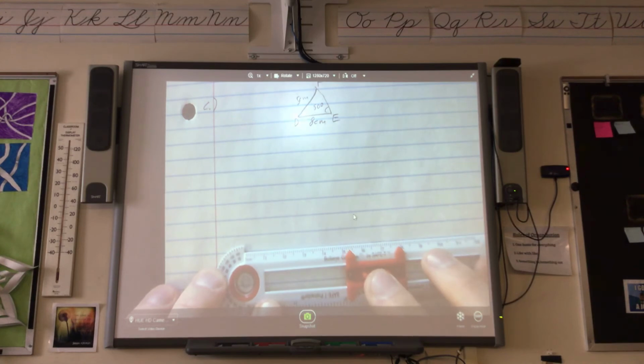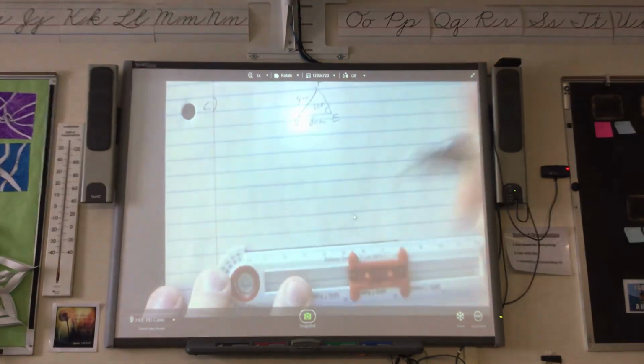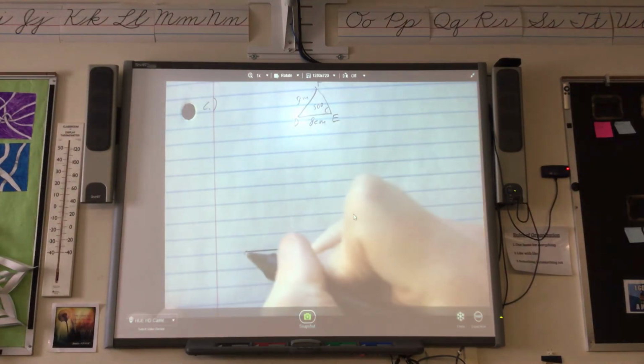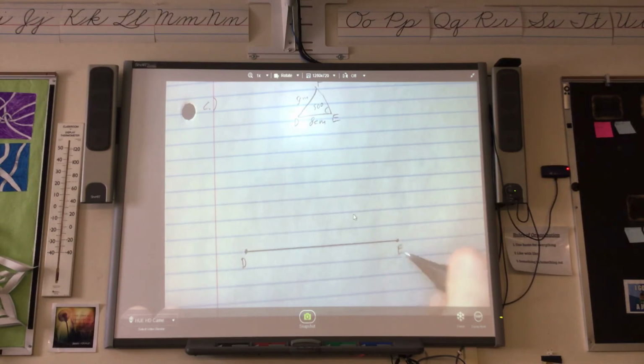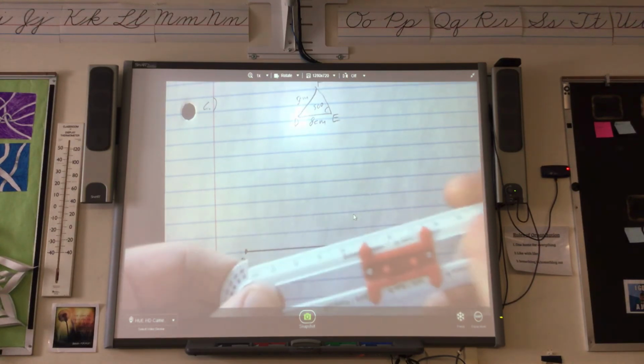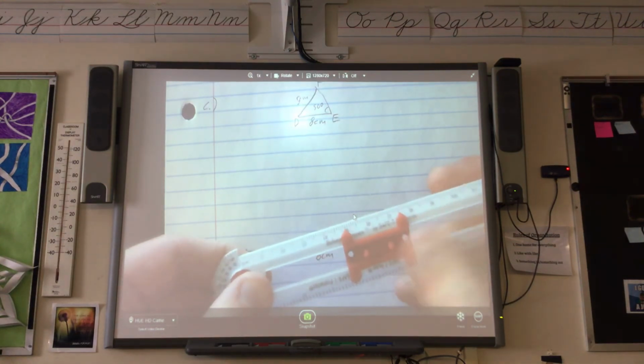So I'm going to use that. So this is D, this is E, this is 8 centimeters. Then DF is 5 centimeters. So I get my bullseye compass to 5 and I'm going to tape it.